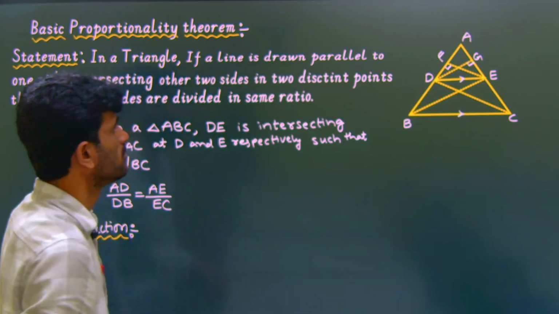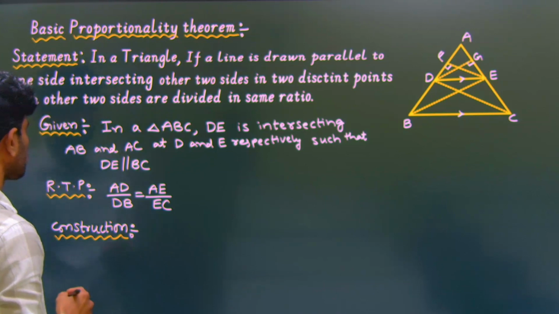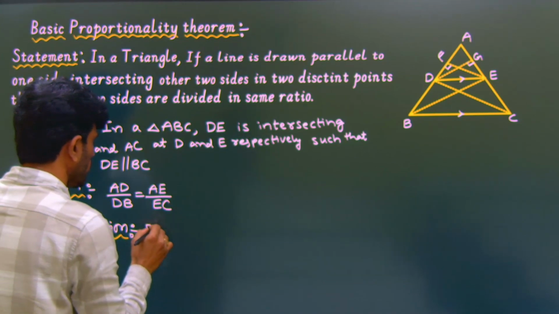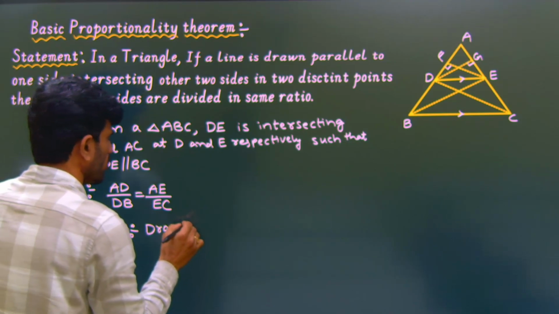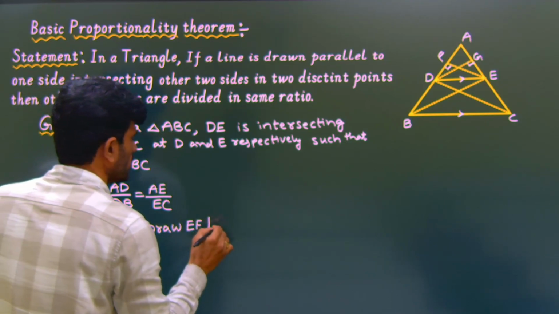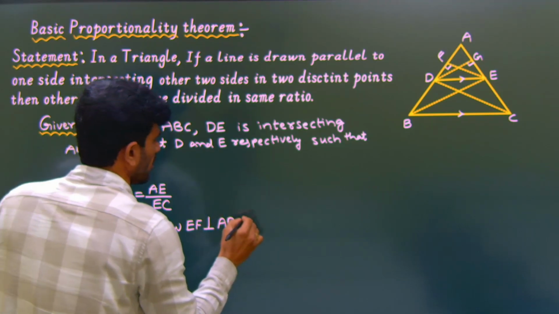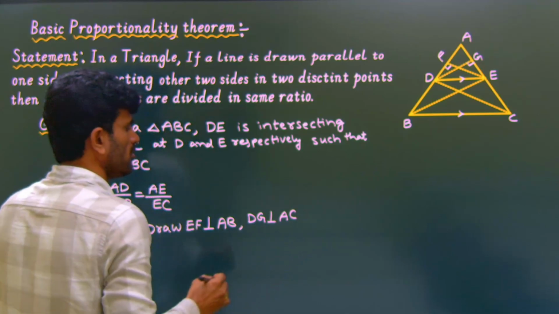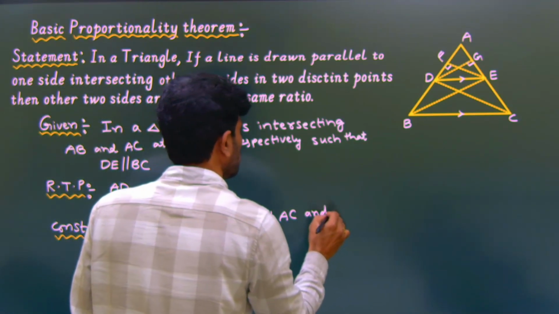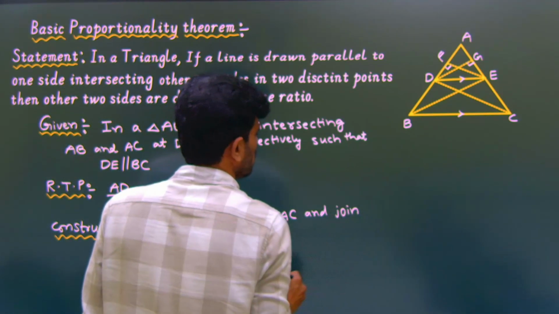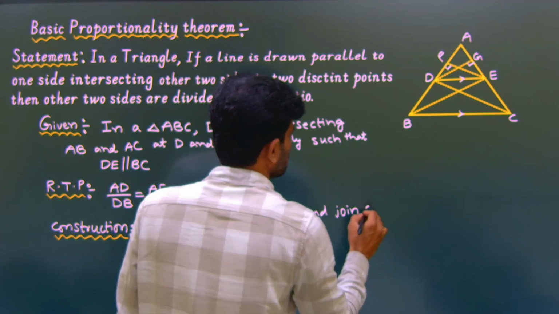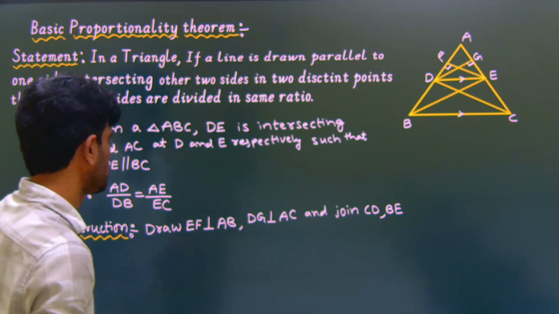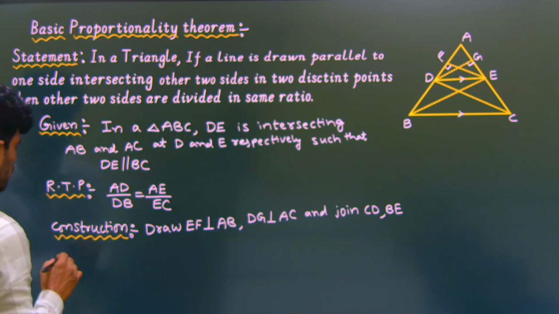After doing the construction, what did we do? We drew EF perpendicular to AB, DG perpendicular to AC, and we also joined CD and BE. This is the construction. Then after that we will do the proof.